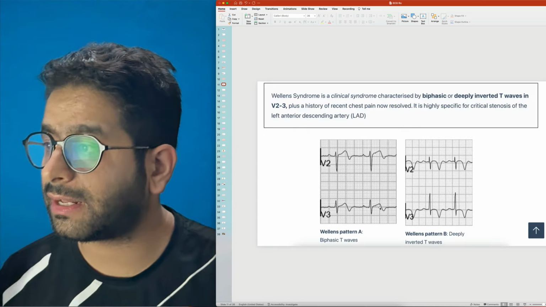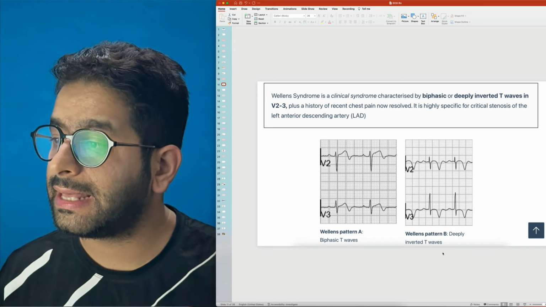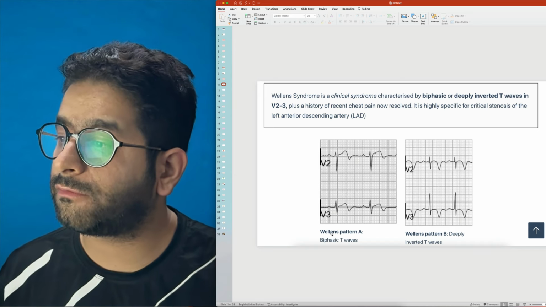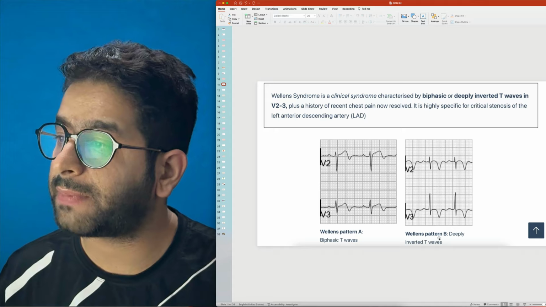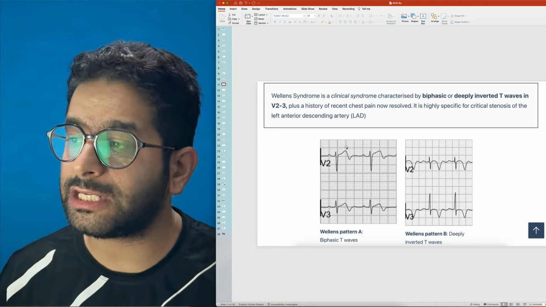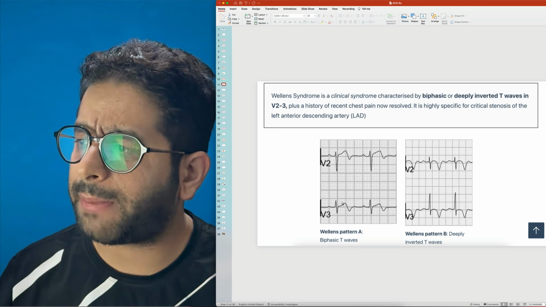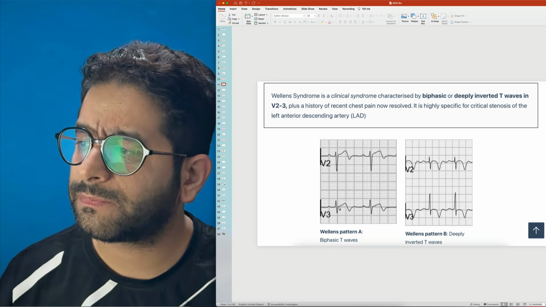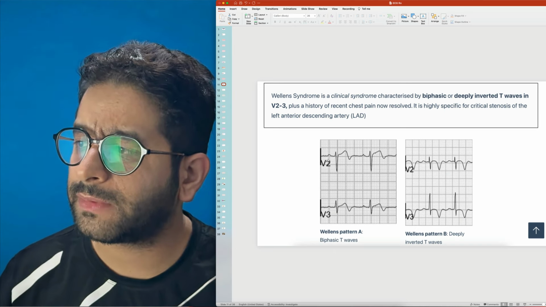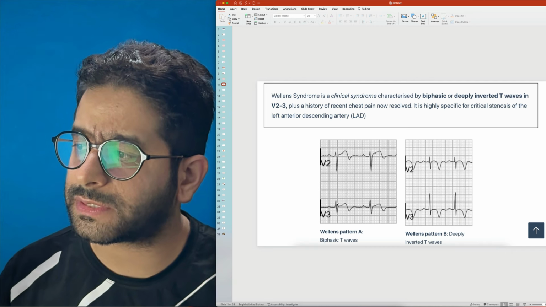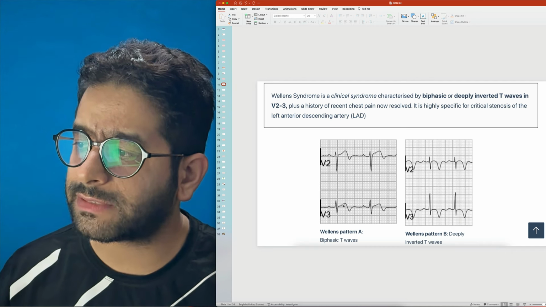The second pattern I want you to recognize is the so-called Wellens pattern, where you have Wellens type A or type B pattern, where especially in the leads V2, V3, you may have these changes, even in V3, V4, V5. You have biphasic T waves. See, the ST is not up. The R waves are preserved, okay, but what you have is the abnormal T wave.